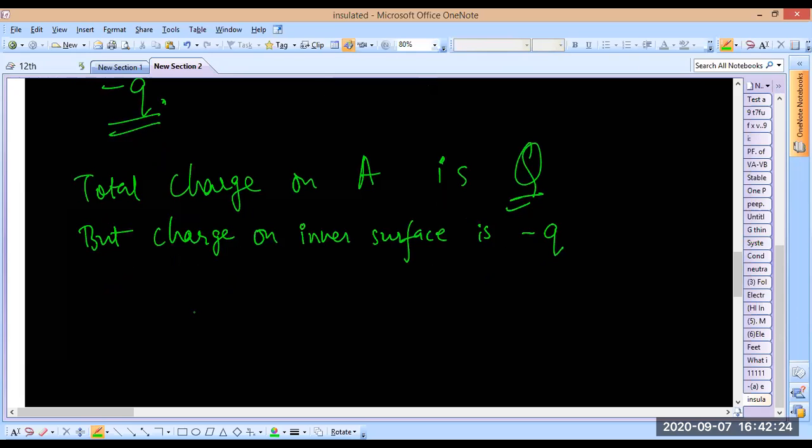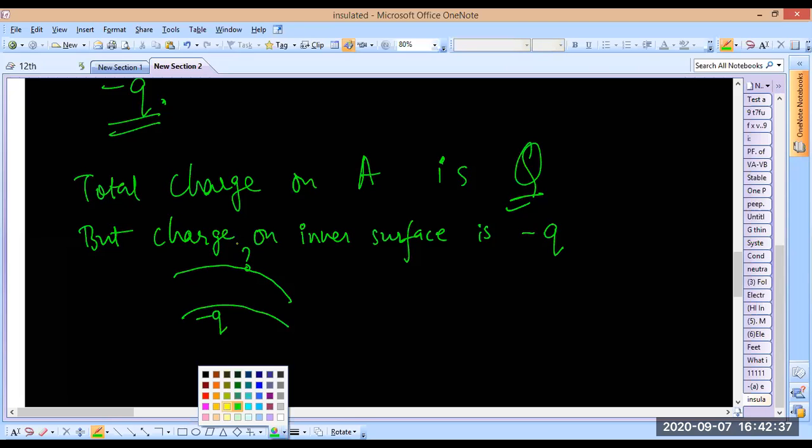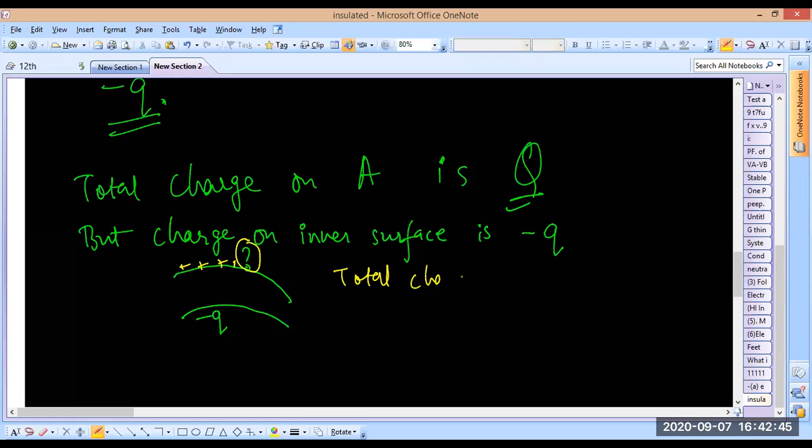Now think about this very carefully. This is the inner surface, and this is the outer surface. The inner surface has minus q. I repeat, what should be the charge on this outer surface, so that the total charge becomes Q?